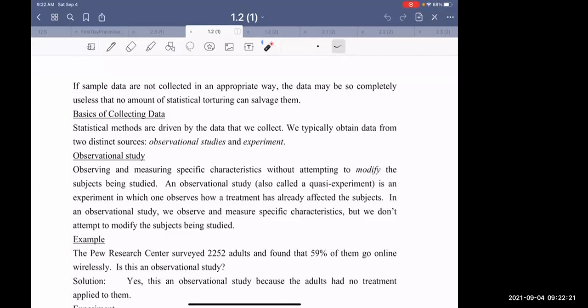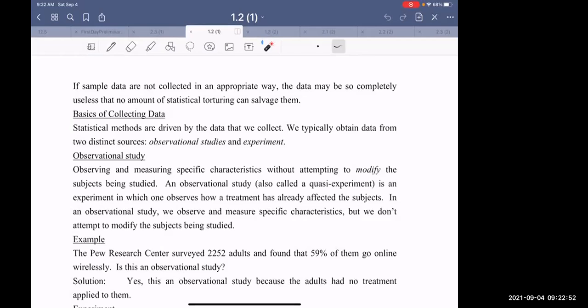So in later courses, when you are in a particular major, they will give you research methods to hopefully tell you how to properly collect data and conduct your studies.